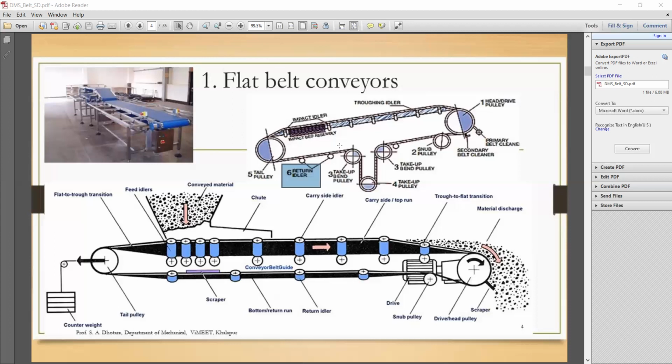And here the take up pulley plays a very important role, as it can absorb that stretch and maintain the tension. In the end we will see how the take up pulleys work.